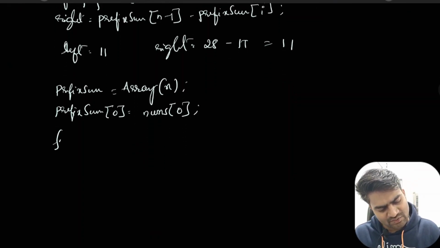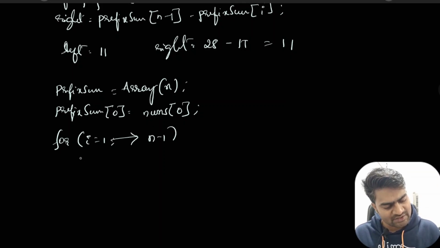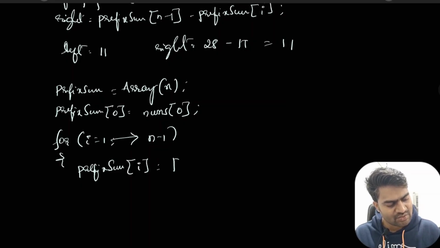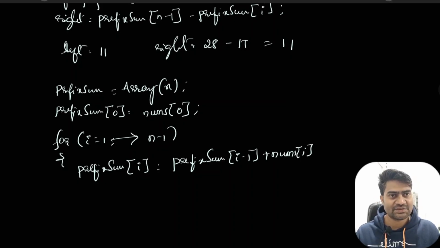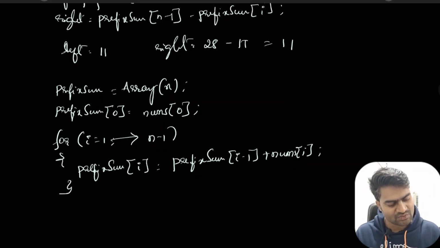Then for I equal to 1, because already I have processed index 0, till n minus 1, prefix sum of I is equivalent to prefix sum of I minus 1 plus nums of I. So this gives us the running sum at index I, and this array will compute the running sum.